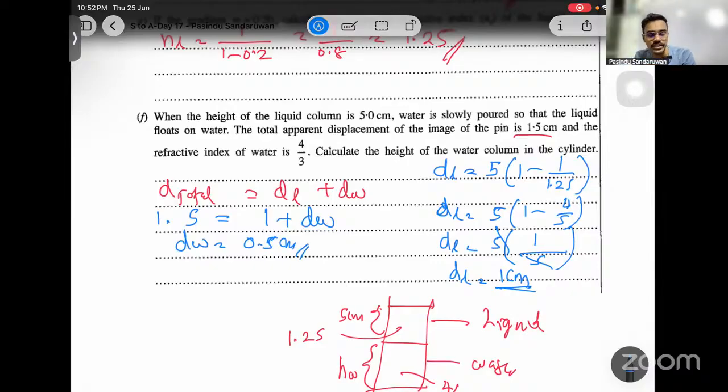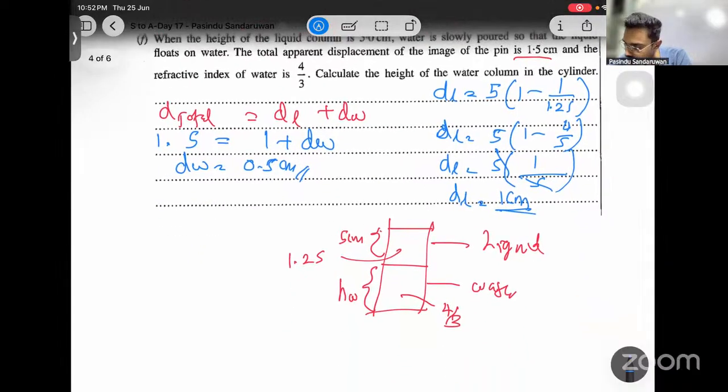If the apparent displacement of water is known, then apply this to water again. Same thing. Then DW, 0.5, equals height of water times 1 minus 1 over 4 over 3.